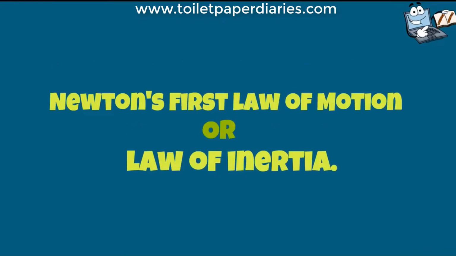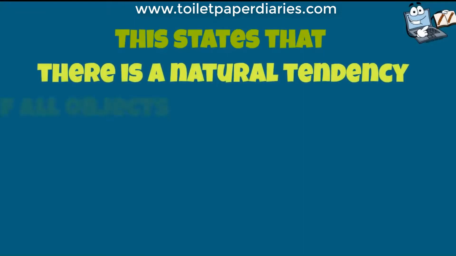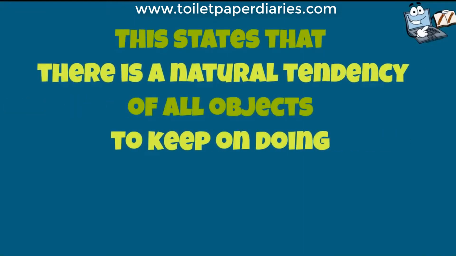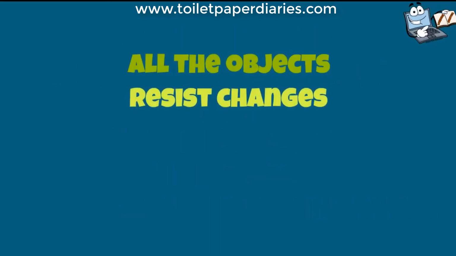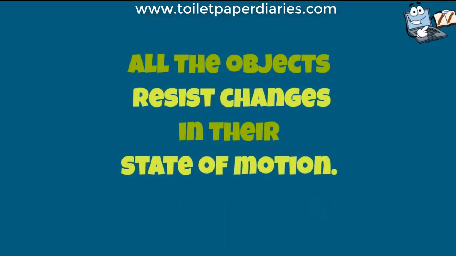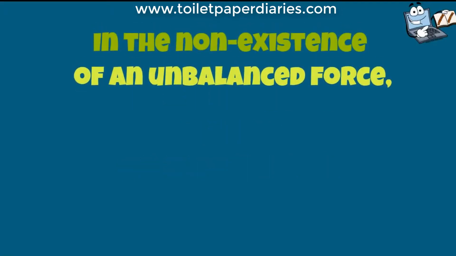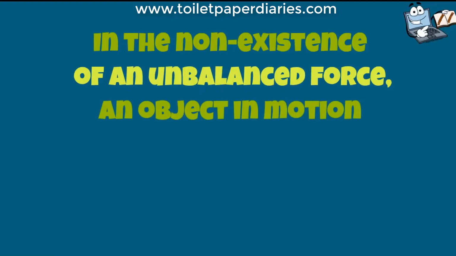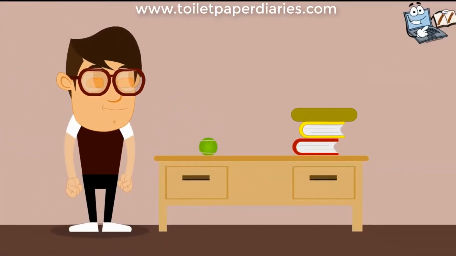Newton's first law of motion, or law of inertia. This states that there is a natural tendency of all objects to keep on doing whatever they are doing. All the objects resist changes in their state of motion. In the non-existence of an unbalanced force, an object in motion will continue this state of motion. See this ball sitting in your table?